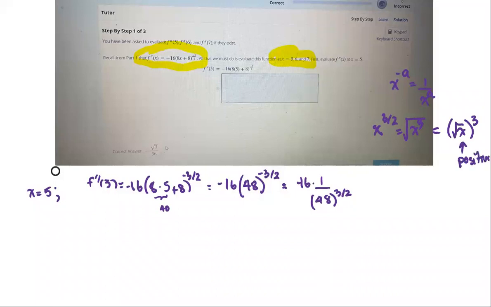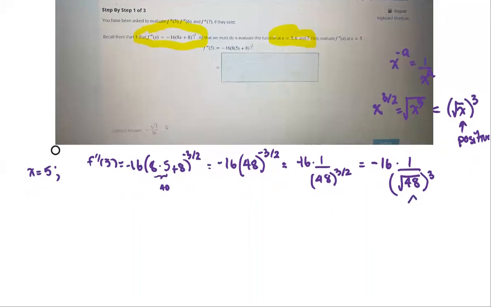In this case, 48 is a positive number, so you can rewrite it as the square root and then raise to the third power. So we have negative 16 multiplied by 1 over square root of 48, raised to the power 3.